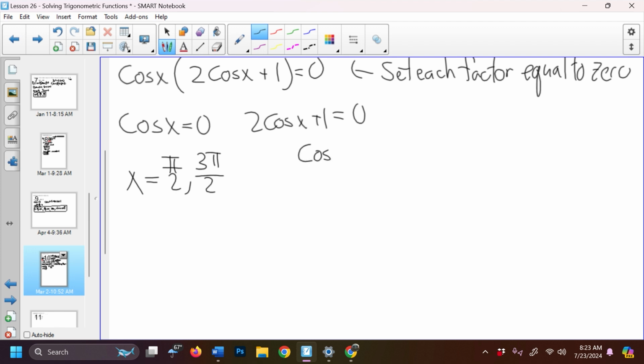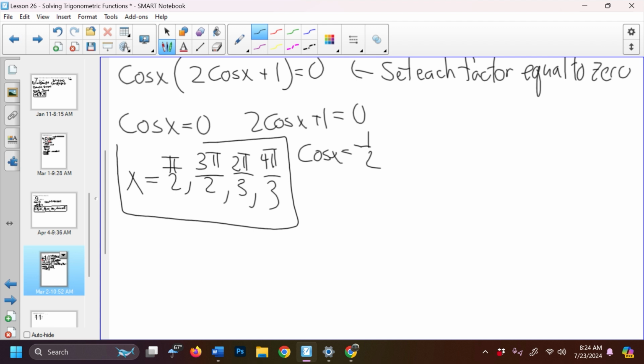I'll go cosine x is equal to negative 1/2. And so cosine x is equal to negative 1/2 at only 2 places, and that would be at 2 pi over 3 and 4 pi over 3. And since those are the only possible solutions over that interval, we'll put a box around this and say we are done and move on.